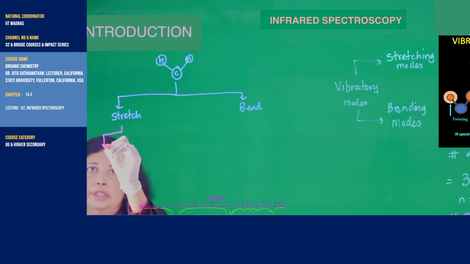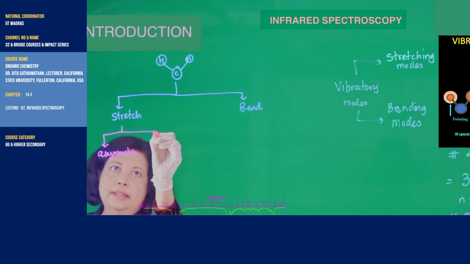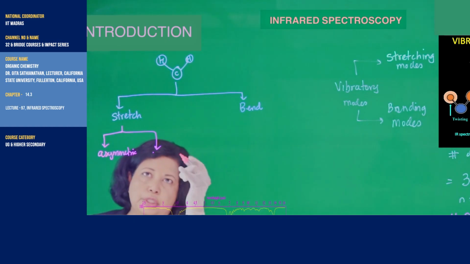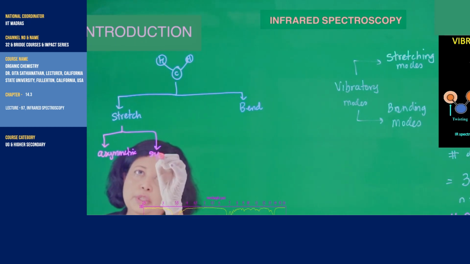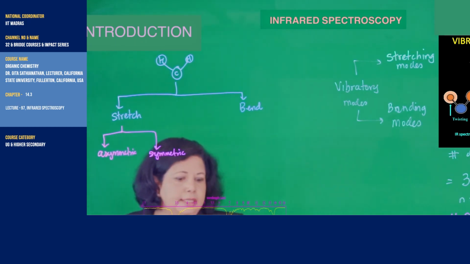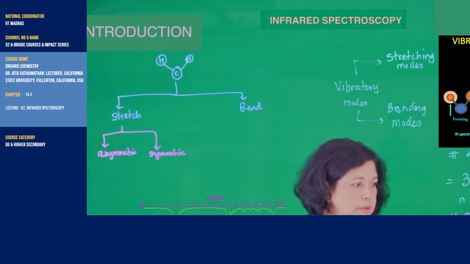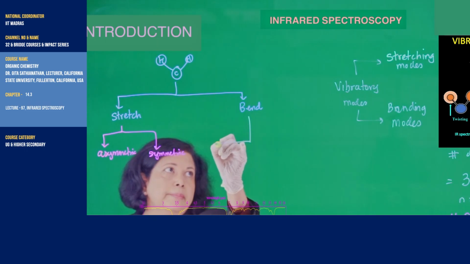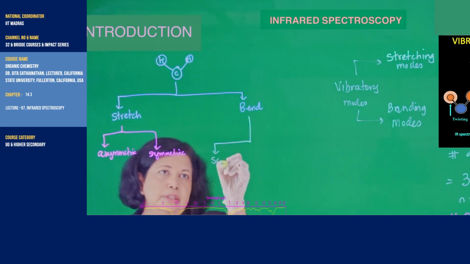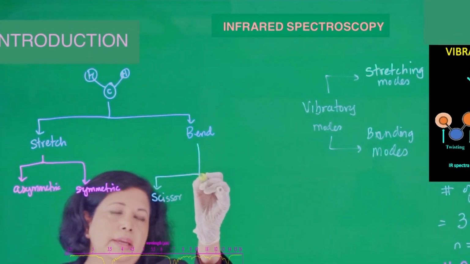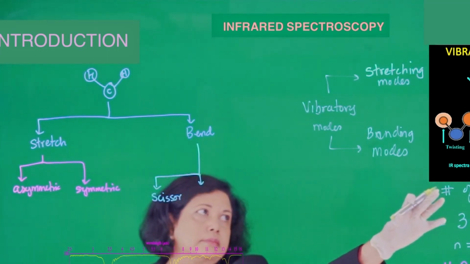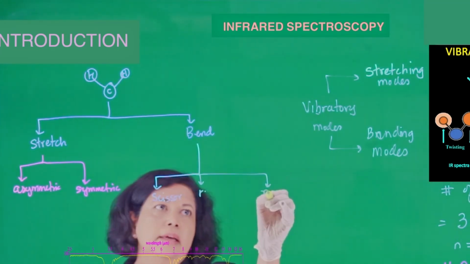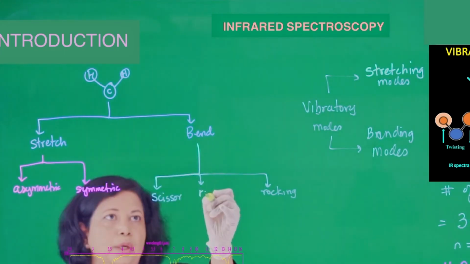The higher energy would be asymmetric, and the lower energy absorption would be for the symmetric stretch. And then you would have the bending mode. So for the bends, you can have again all of them. Basically, you'll see scissoring, and you would see rocking at the very end, and twist and wag.